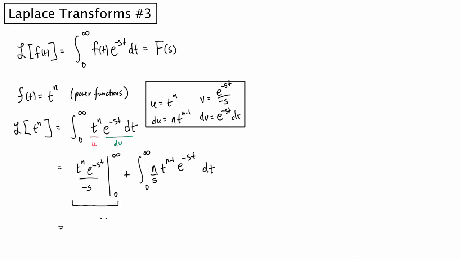If I try to plug in infinity, then, maybe off to the side here, if we just look at this, the limit as t goes to infinity of t to the n e to the minus st over negative s. Since s is greater than 0, this is t going to infinity in the denominator, which would give 0, and t going to infinity in the top, this piece would go to infinity.